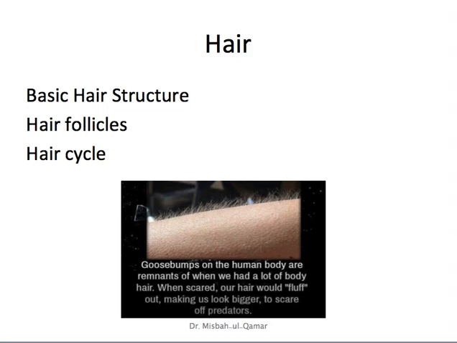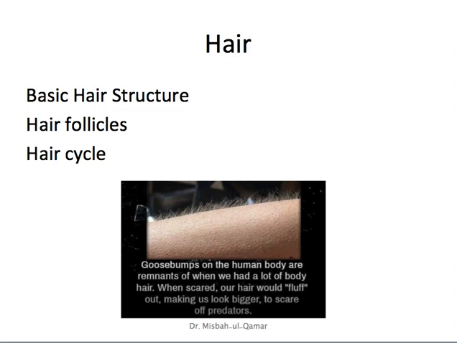And the inner layer, the third layer, the medulla, is present only in larger hair. The portion which protrudes beyond the epidermis is called the hair shaft, and this hair shaft emerges from the hair follicle.